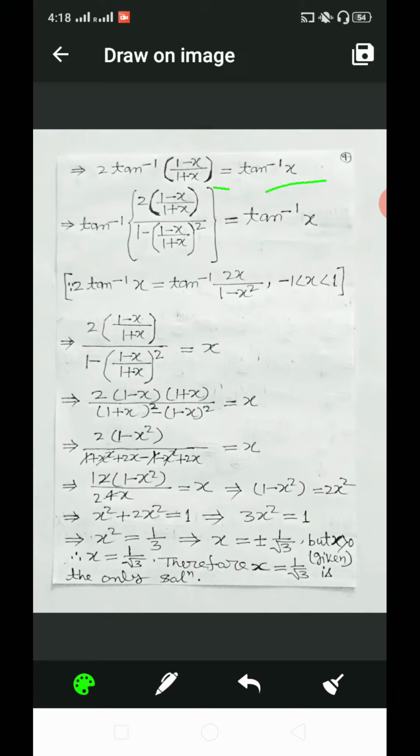x, and this implies that tan inverse of 2 into 1 minus x by 1 plus x by 1 minus 1 minus x by 1 plus x whole square equal to tan inverse x.